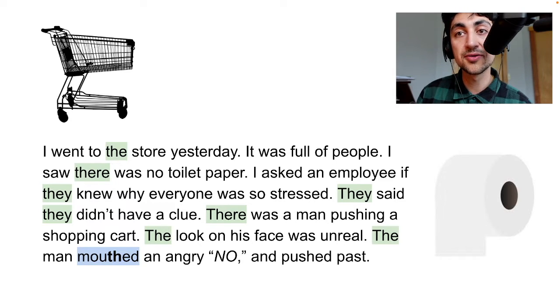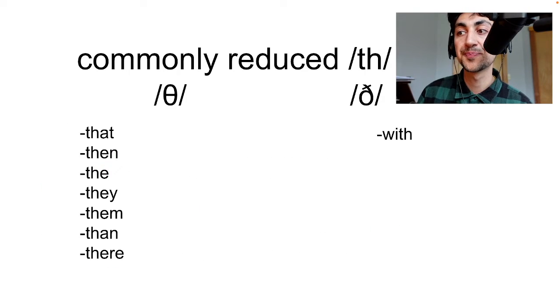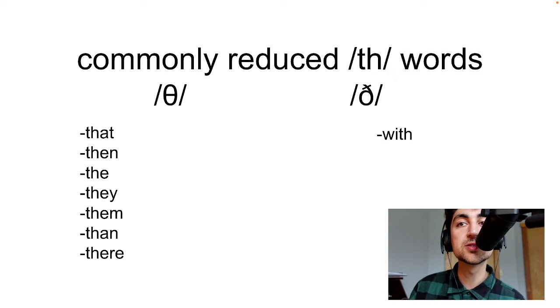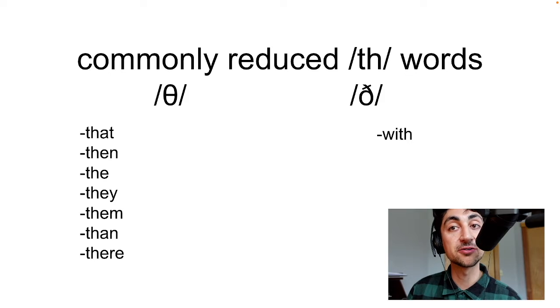This TH sound in a word like the, in there, in they, and all these words we're going to look at here, these words will all be reduced. This is something we're going to talk about when we talk about our vowels, but just to say it right now, so you get it in your head to start: that, then, the. These are all sounds and words that are said quickly, said softly, mumbled.